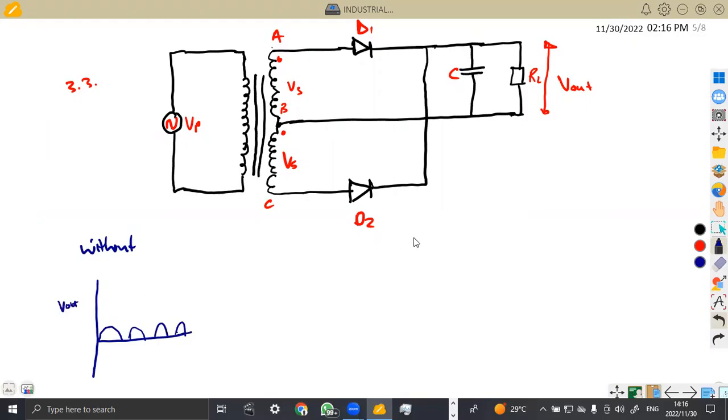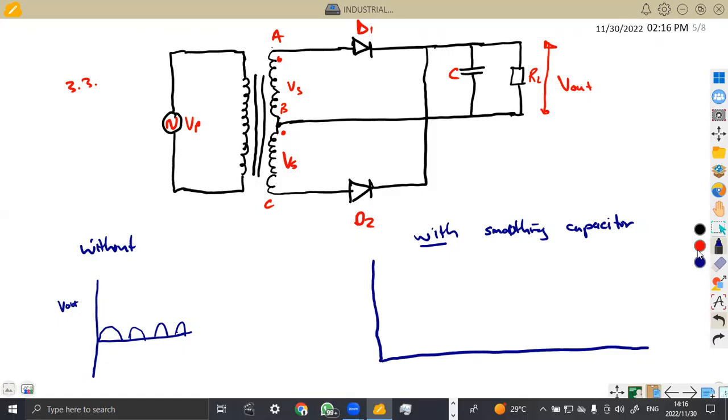So V out. But if we now have the capacitor, the smoothing circuit, with the smoothing capacitor, it is going to be like this. Now we are going to have our output. It's not an AC. Remember, it's a DC.